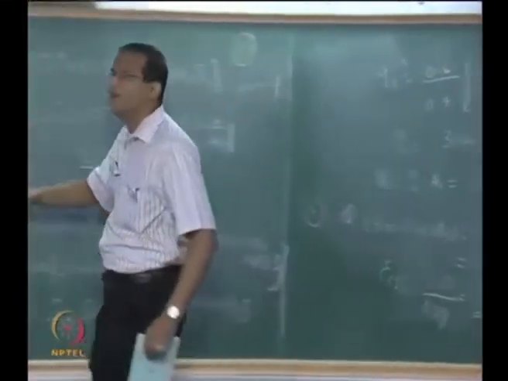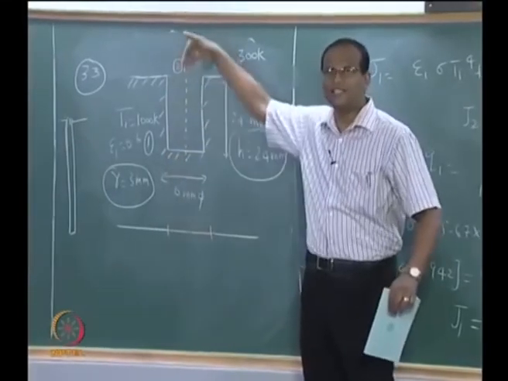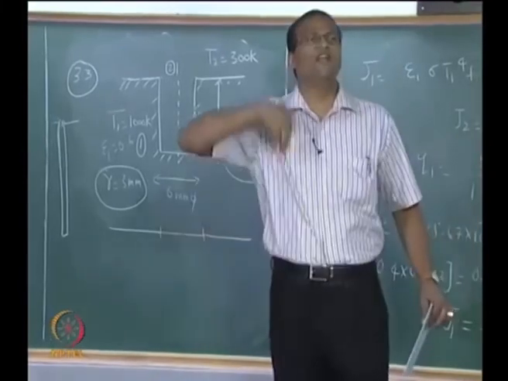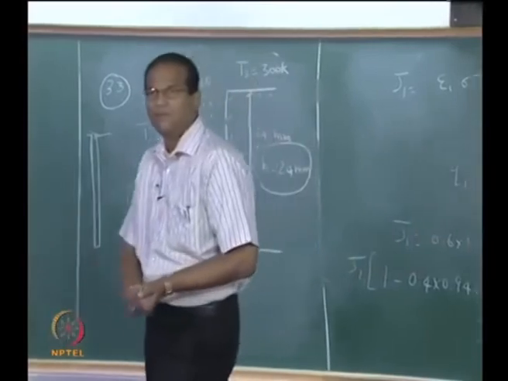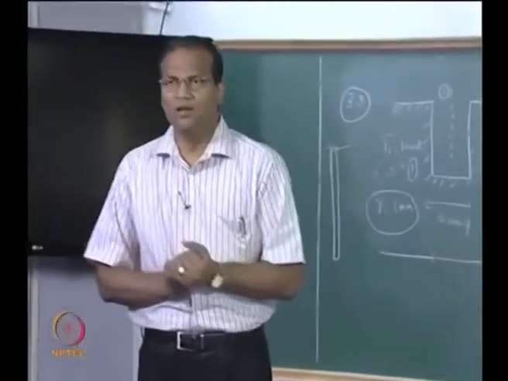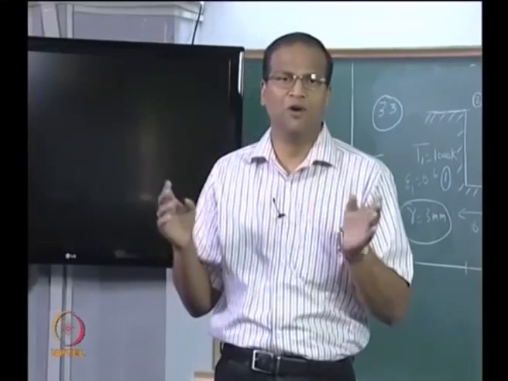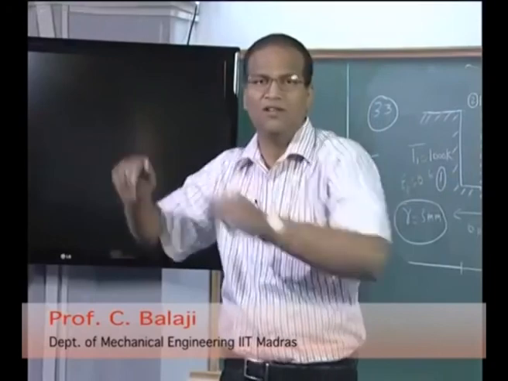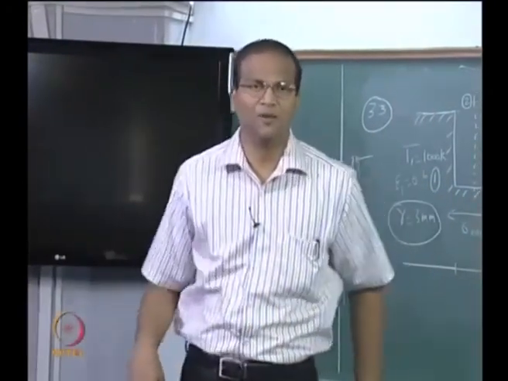All this increase of the effective area because of the increase in the depth is only helping me overcome my deficiency of having a poor emitter of 0.6, because it is very difficult to get a black body, and suppose from 0.6 to 0.9 I have to put some costly coatings or something. If the material is thick enough I will put a hole in several places and passively increase the heat transfer rate. This is a technique adopted.